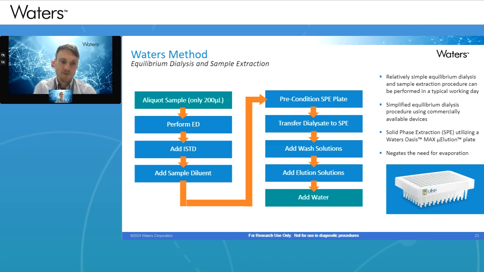So in terms of the extraction itself, it was all plate-based. So we didn't use any glass. It was all performed in either the Thermo RED device plate or the Waters 2 mL or 1 mL collection plates. But the sample diluent was added and found to minimize the absorption after the equilibrium dialysis procedure was performed.